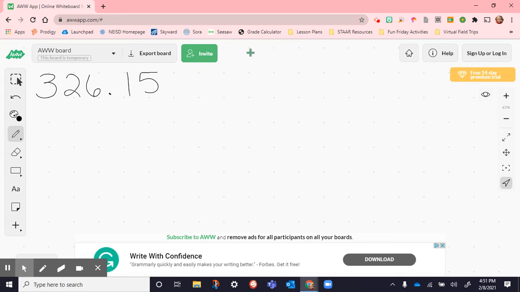So expanded form, we take the value of each digit. The 3 is in the hundreds, so that would be 300, plus the 2 is in the tens, 20, plus the 6 is in the ones, 6, plus the 1 is in the tenths, plus the 5 is in the hundredths.